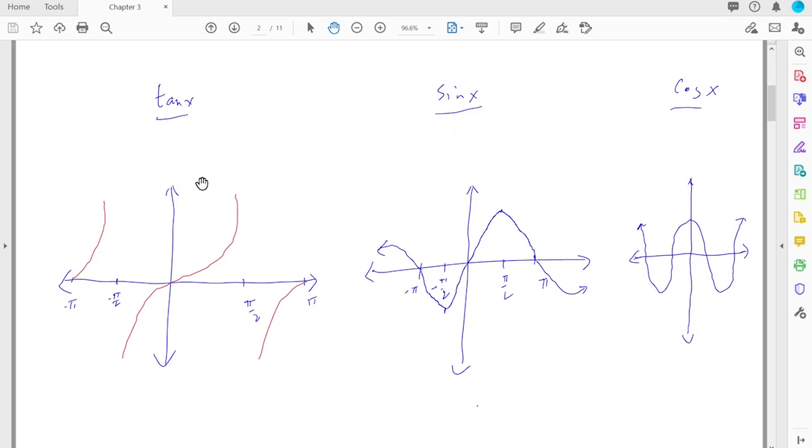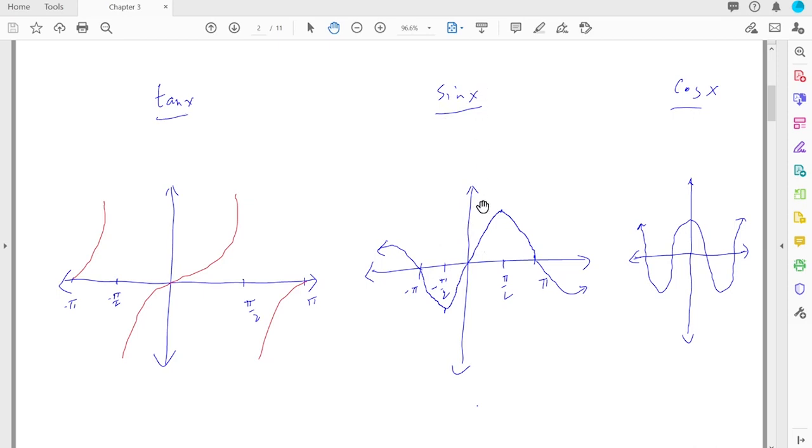Okay, to define the inverse of these functions, we have to restrict our domain, because inverse is only possible if the function is one-to-one. So to define the inverse of the tangent function, we are going to restrict our domain from negative pi over 2 to positive pi over 2. That's how there will be a one-to-one function. And then we can define the inverse tangent function.